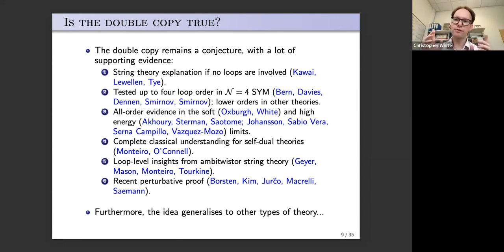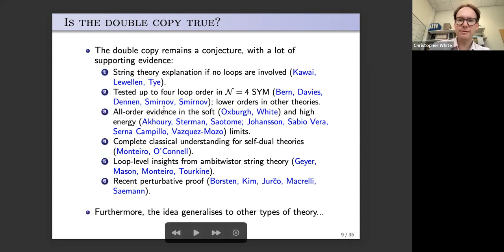So you can say that at tree level, the KLT relations are exactly the same as the double copy. However, there is no known loop level generalization in string theory of the KLT relations. So the double copy is more than that, at least until we can prove there's an equivalent structure in string theory. That may go some way to answering the question about how you know you're going to get a consistent theory. Clearly, there's some sort of underlying explanation, which in some cases we can give, that then guarantees that.